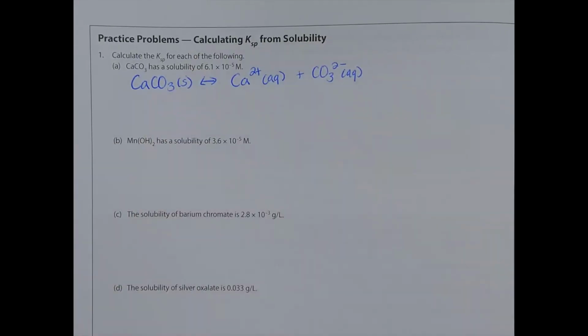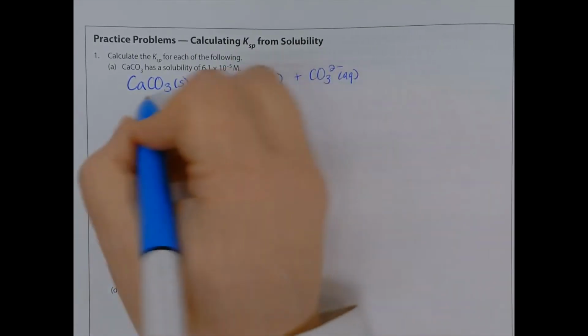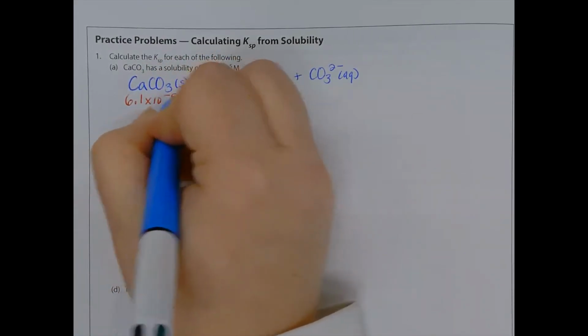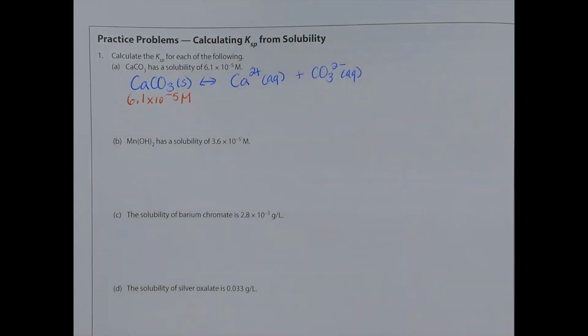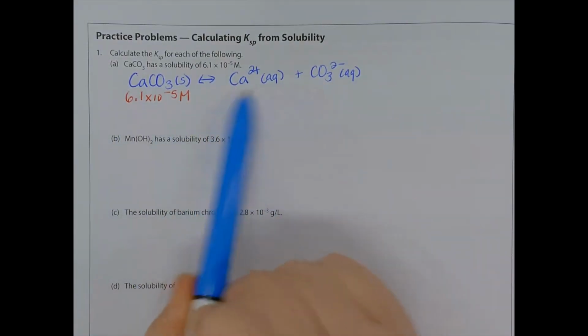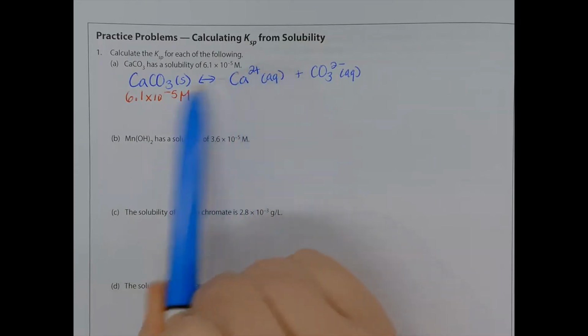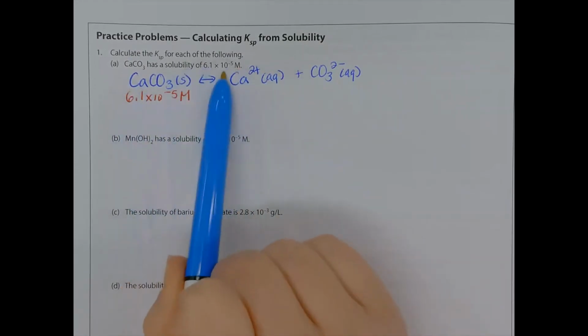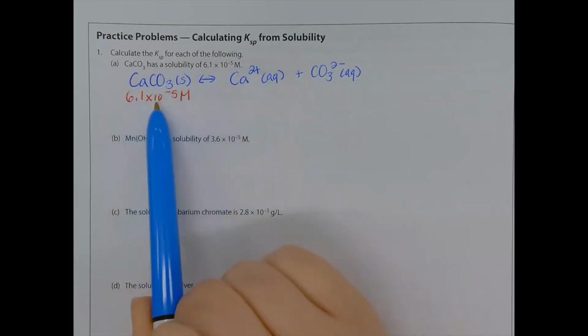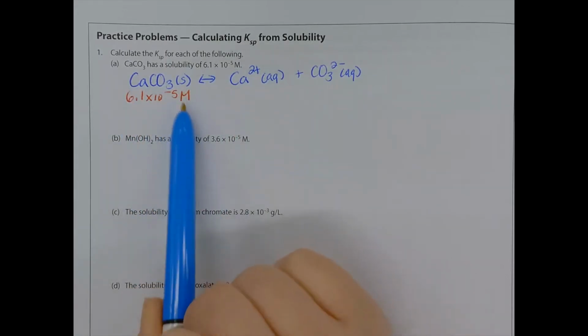So what we can do, the easiest way to kind of set this up, is say, okay, if this is 6.1 times 10 to the -5 molar solubility, then we use that and think about our mole ratio of our chemicals and say, okay, well, if one of these dissolves, we're going to make 1 calcium and 1 carbonate. So it is an equal amount. Well, this is a molarity. This is moles per liter.